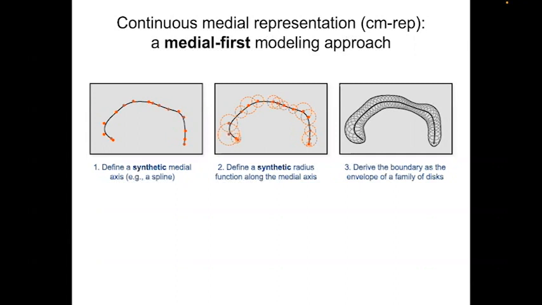You don't have to think much about extending this even to branching structures in 2D, but in 3D it gets substantially more complicated. So in 3D, we would also have a synthetic medial scaffold. Here, the control points are not shown, but they're always there. There's always some kind of a set of coefficients that determines the shape of this medial scaffold.